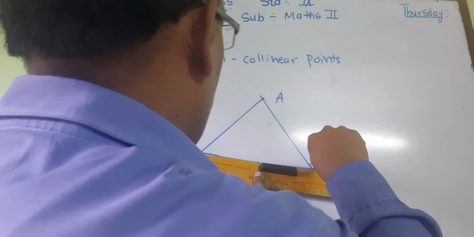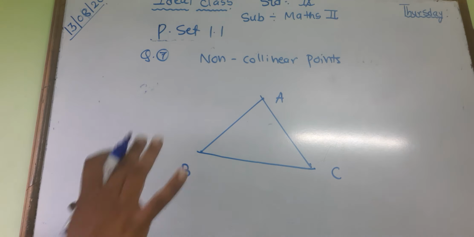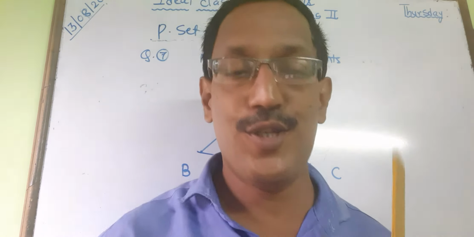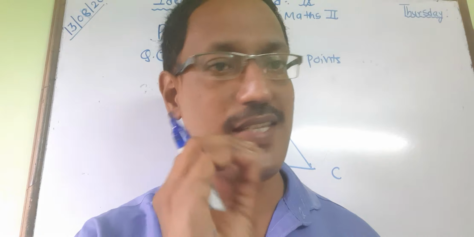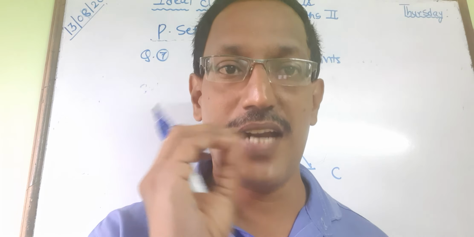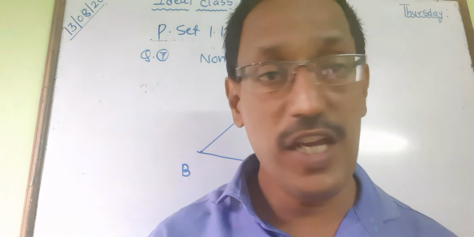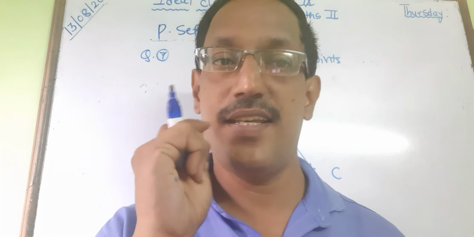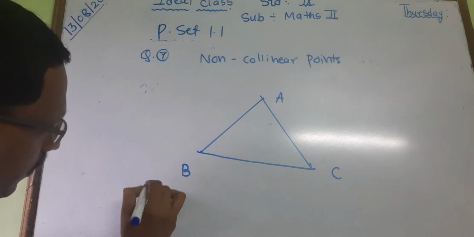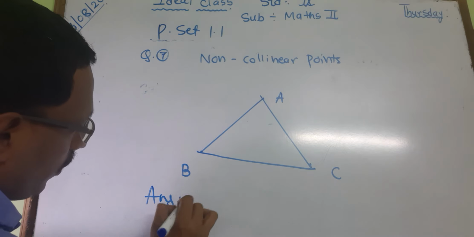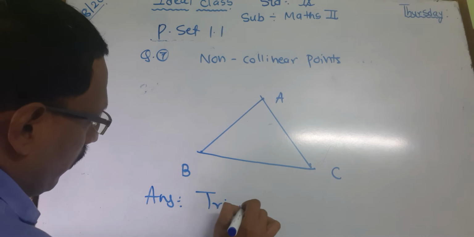After joining this, what am I getting? Students, we are getting a triangle. So the answer is a simple single word, triangle. So when you join all the 3 non-collinear points, which figure do we get? The answer is a triangle. You can write a triangle.